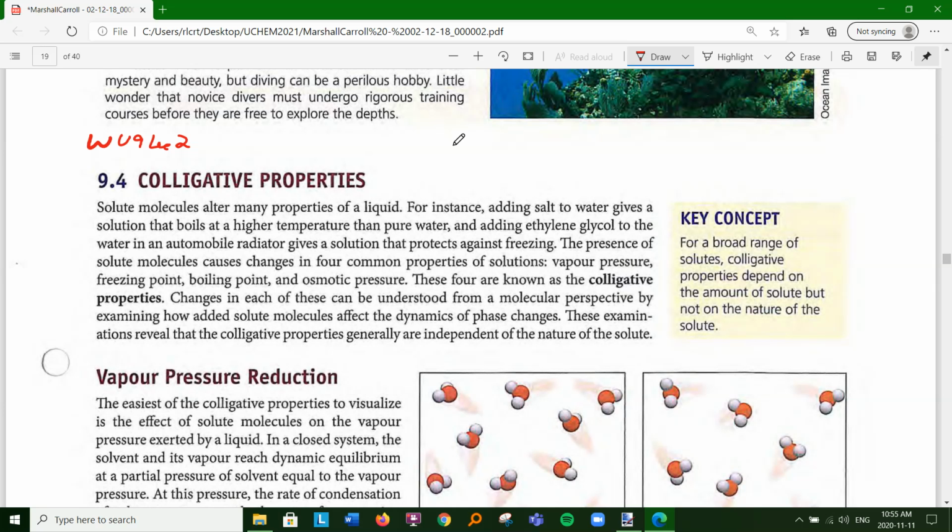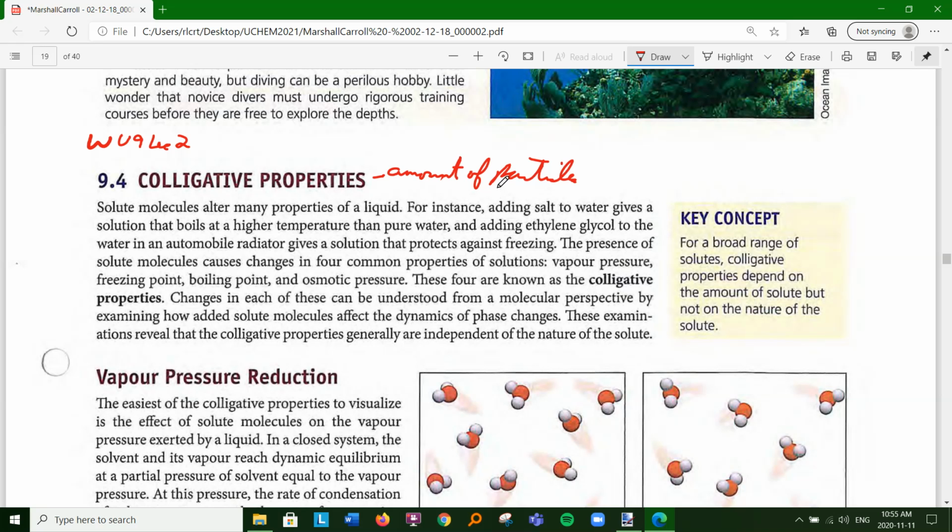And the thing about colligative properties is you care about the amount of particles in the solution, not the identity so much as the amount, how much we have. And this is going to help us understand vapor pressure lowering, freezing point depression, boiling point elevation, and osmotic pressure.